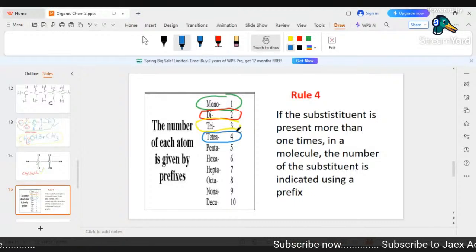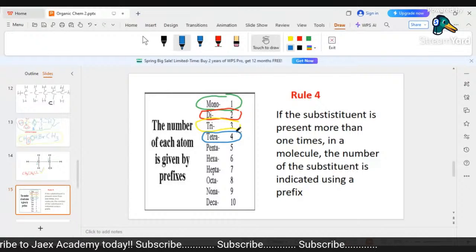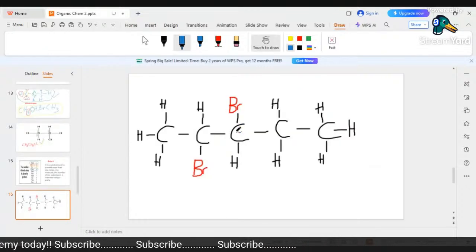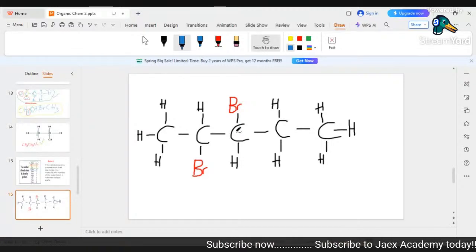And rule number 4 is saying that when you have more than one of the same substituent, use the prefix. Now let's go for this one. Can you see my screen? If you can see my screen, please tell me how many bromine you can see right now.